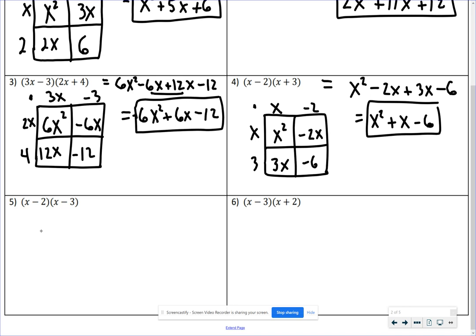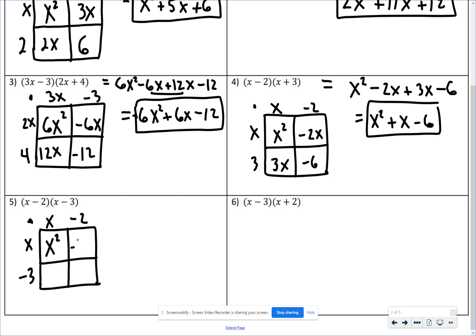Number 5. Again, you can pause the video and try it on your own, and then come back when you're finished and check. Notice these are both minus: x minus 2 and x minus 3. Make sure you get those negatives. You're creating a multiplication table. The box is just a multiplication table. So x times x, then negative 2x. This is just a way of organizing the distribution, organizing the use of the distributive property.